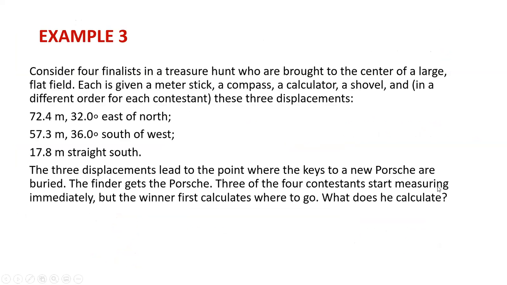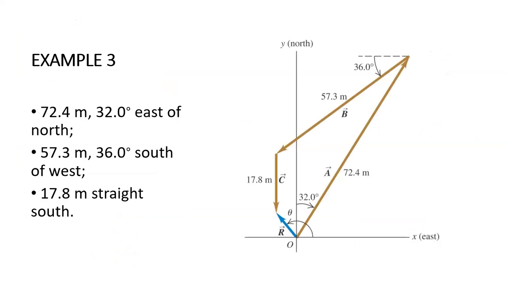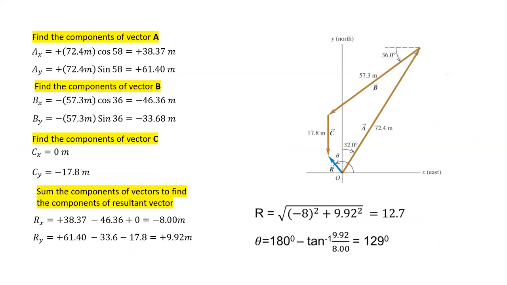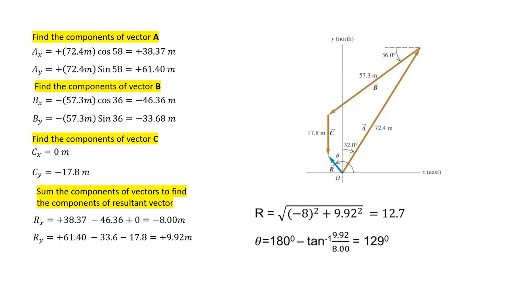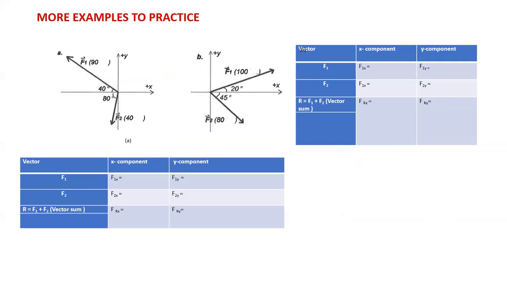Okay, another one for you to practice and try, and I put the answers here. Draw the vectors and get the components. This whole lesson is all about getting the vector components. More practice problems if you have time, because I know this is a very long module with a lot of information, 3 chapters.